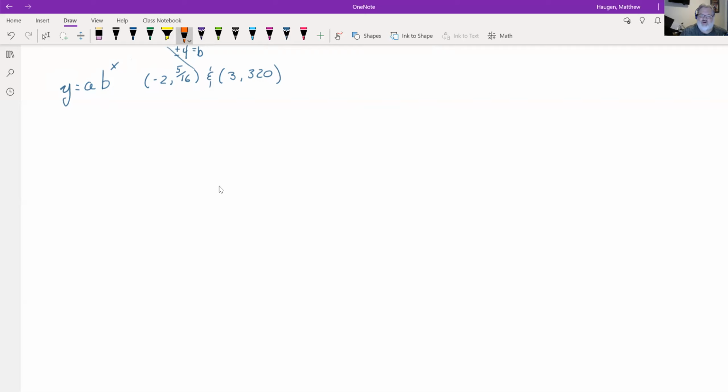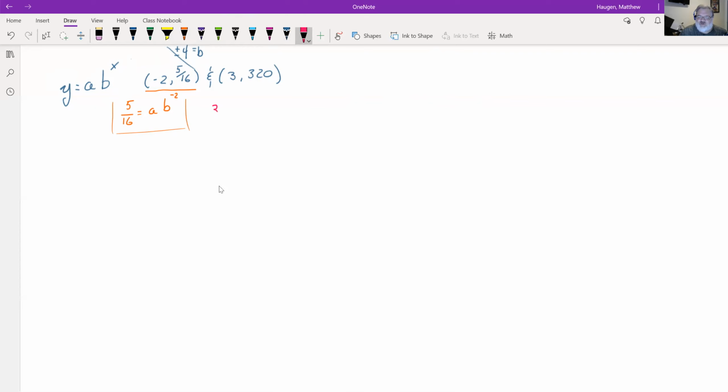It's just weird. Like I said before, this point means we know that the function will equal 5/16 when x is equal to -2, so this statement has to be true. I'm going to use lots of colors in this one because I want to keep them straight.